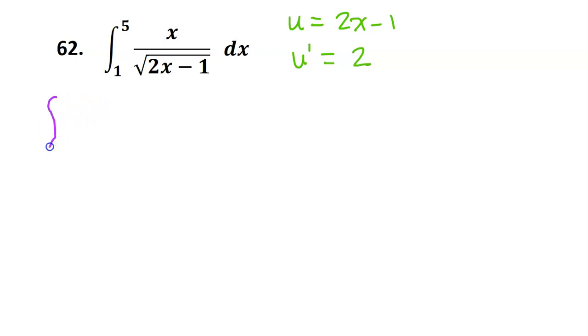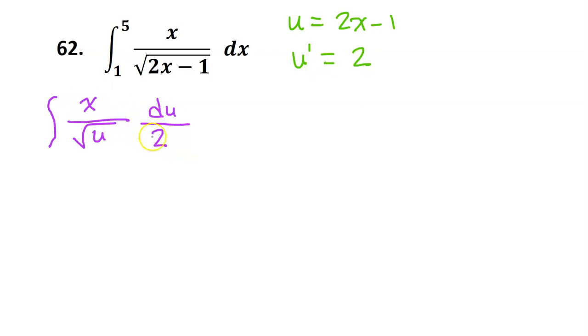However, I do not want to change the limits of integration. So do not write them down at all. We're doing the indefinite integral temporarily. So we have x over the square root of u. Instead of dx, we will write du over u prime, which is 2.